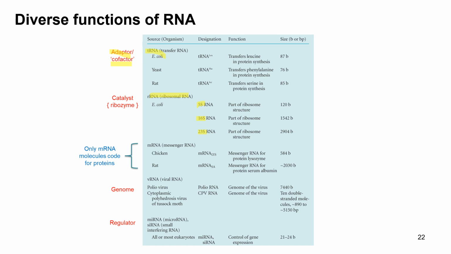These ribosomal RNAs are also directly involved in catalyzing the peptide bond formation. There are also several other RNAs that can act as catalysts to enhance reaction rates, and we call them ribozymes.